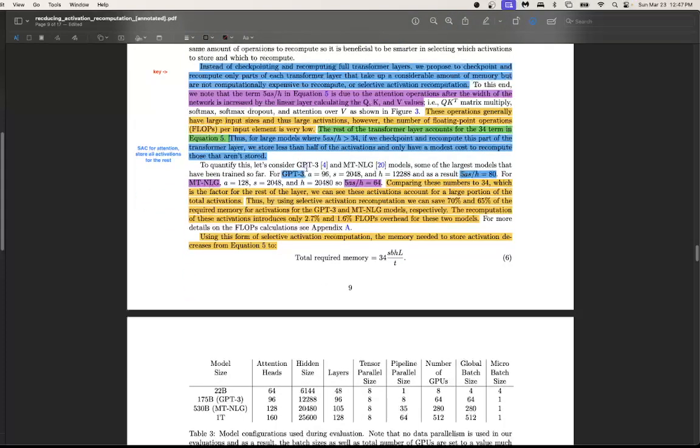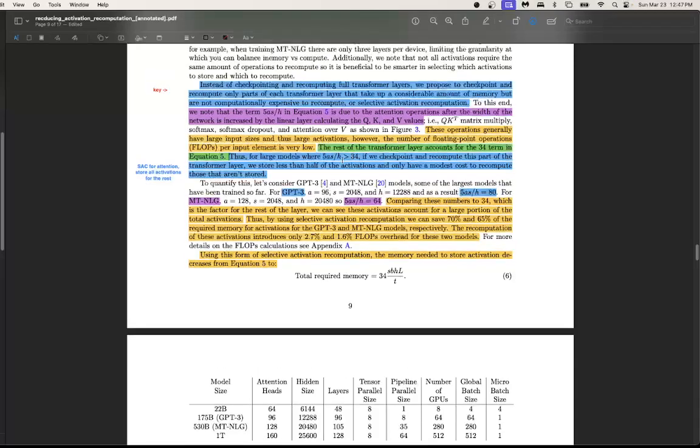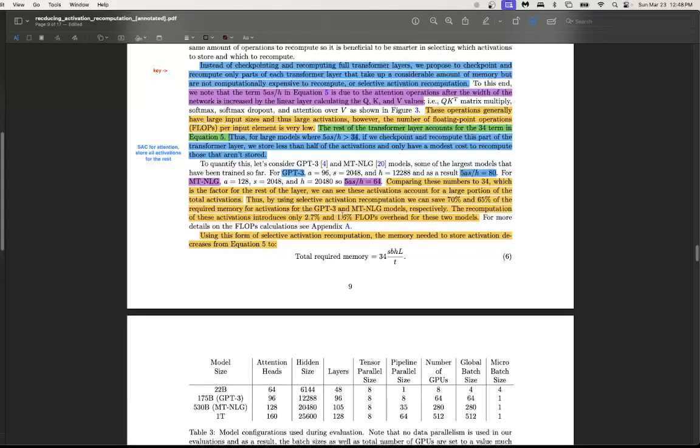And then they show this is in fact the case for large models. Checkpointing these is beneficial for large models. So for GPT-3, they multiply out their number of attention heads, max sequence length, and head dimension with this expression, and they get 80. And 80 is indeed much greater than 34. So that indicates that we will be reducing the majority of our activation memory if we don't store these activations and instead recompute them. Okay, so memory-wise, that's good. And they look at this other large model too and show the same thing.